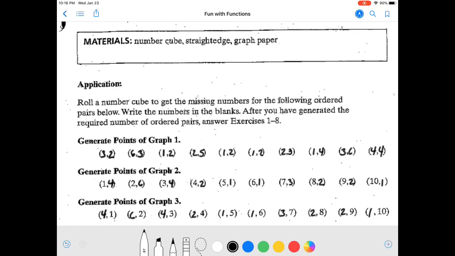I used the same number for graphs 2 and 3 just to save time. And like I said, pause the video if you need a second to copy these down.